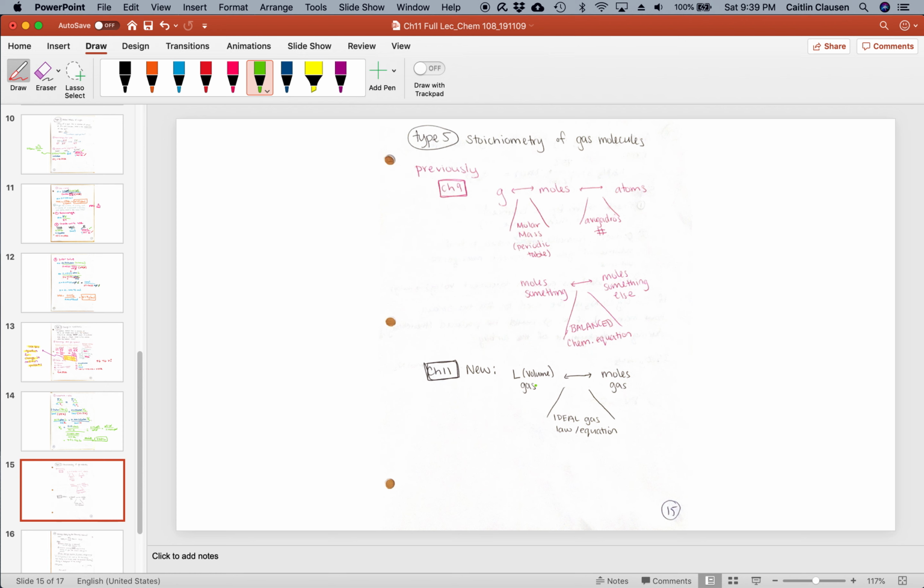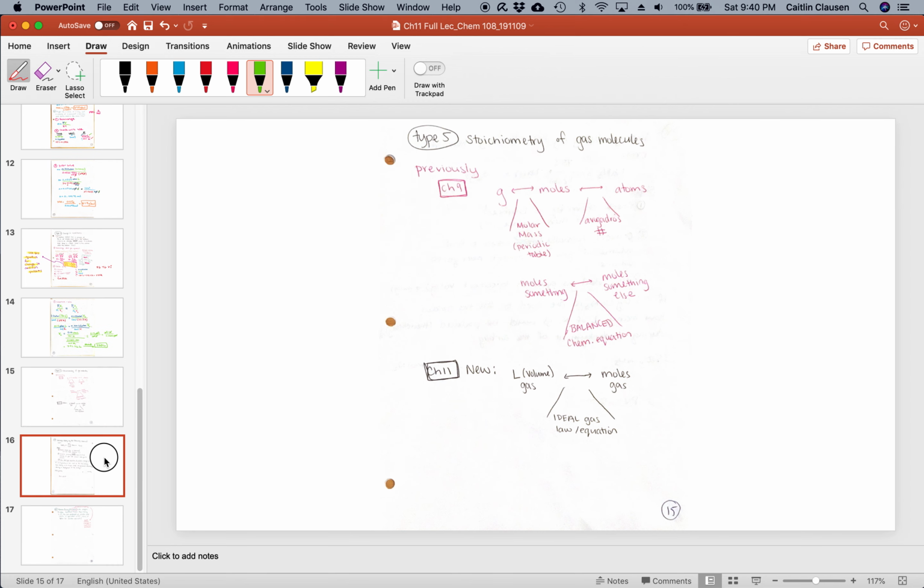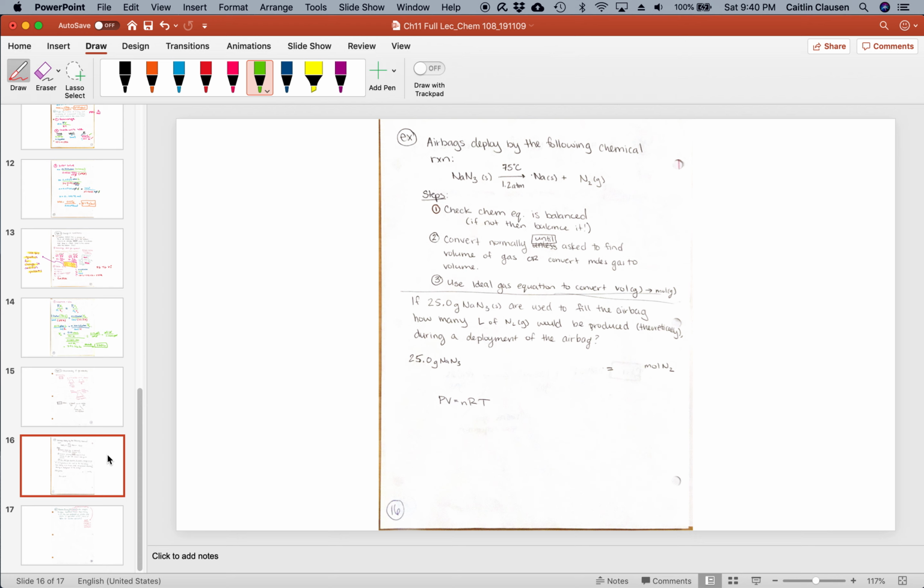Chapter 11 is now going to allow you to go from liters, so the volume of a gas, use the ideal gas equation to get the moles of the gas, and then you can put that into the balanced chemical equation. So, same things we've been using throughout this whole chapter, but now we're going to apply it to a balanced chemical equation. So in this example problem, we have an airbag.